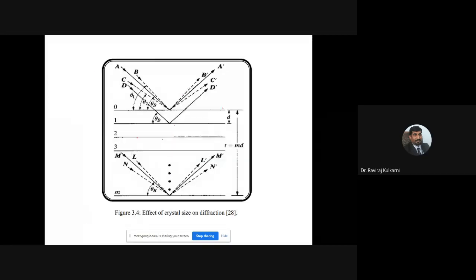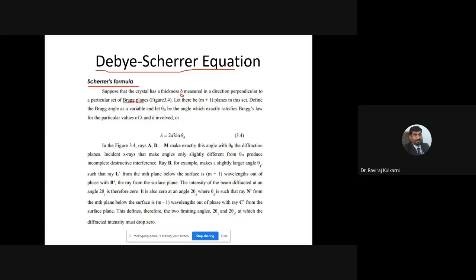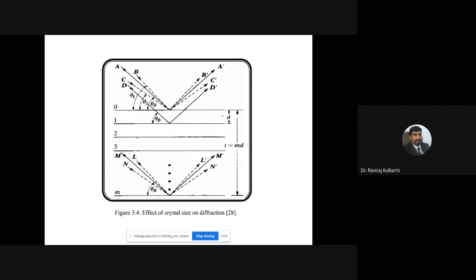This is delta, the thickness, also known as D. If it is small, we call it delta. Let there be m plus 1 planes in this set. I just showed only 3, but there are m plus 1 planes, 1 to m and 0 is also there.